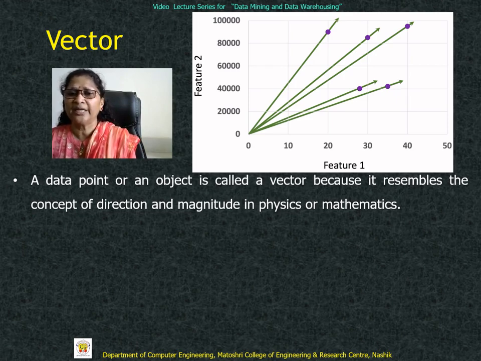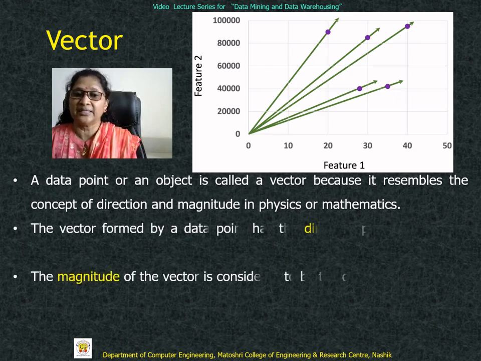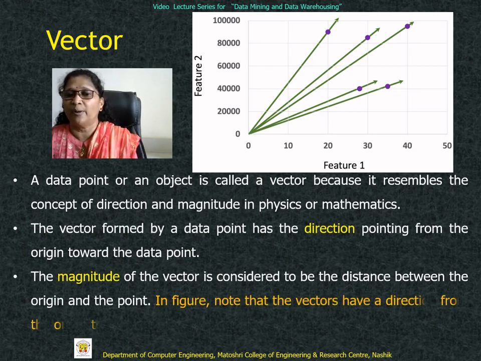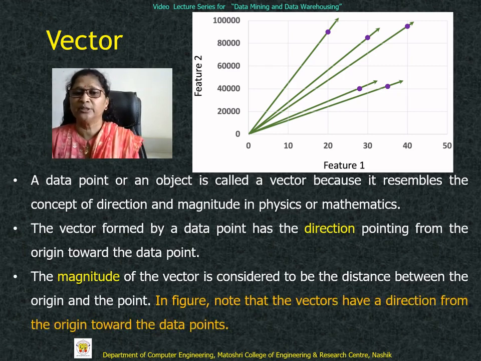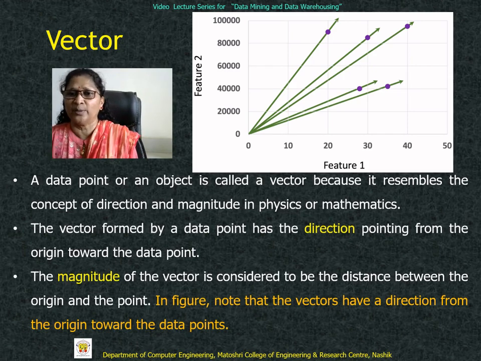The green arrow represents a vector. The vector formed by data points here has a direction pointing from the origin towards the data point. The magnitude of a vector here is considered as the distance from the origin. In the figure, you can note that these vectors go from the origin to the data points.